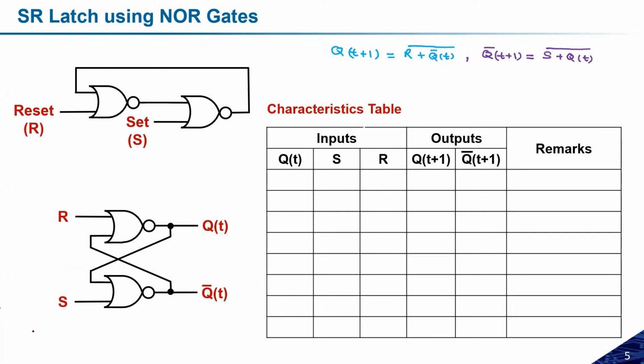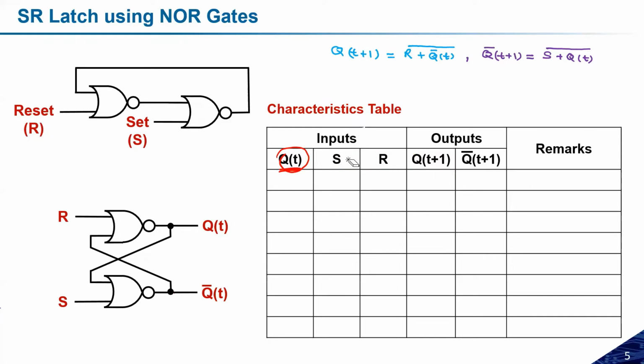Here I have three things. Set and reset are the inputs, and Qt is the present input, and Qt plus 1 is the next state. Qt is the past and Qt plus 1 is the present, whatever you want to call it, it's not a problem. So let us see how the truth table will look.